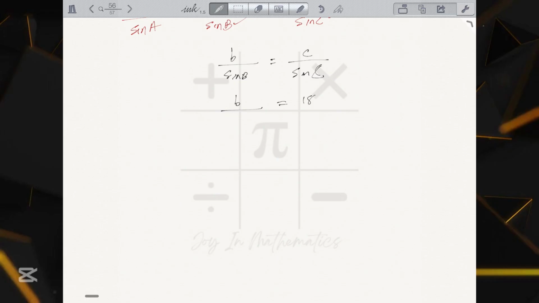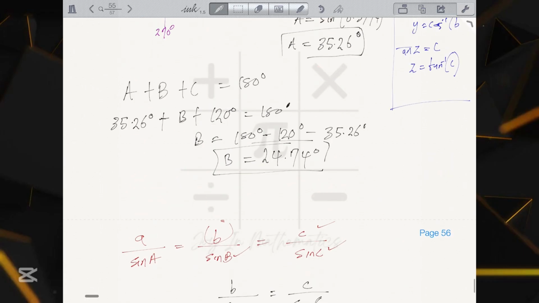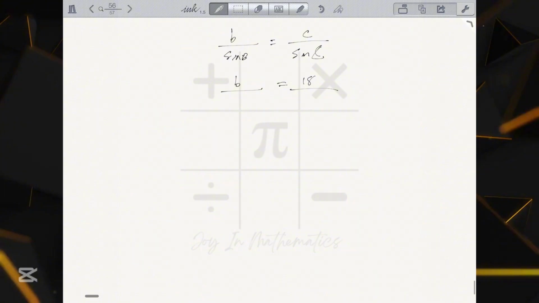Our angle B is 24.74 degrees, and the angle C is simply 120 degrees. So we can make b the subject of the formula, and this will give us 18 multiplied by sine 24.74 degrees divided by sine 120 degrees.